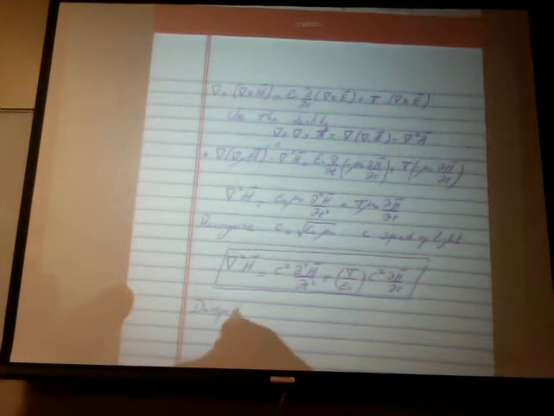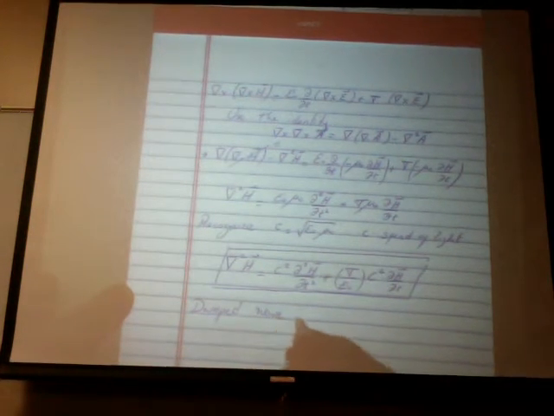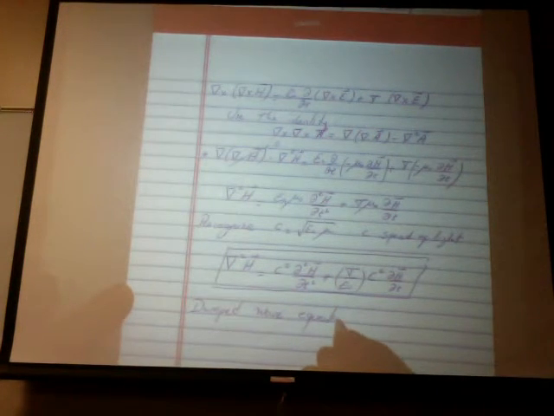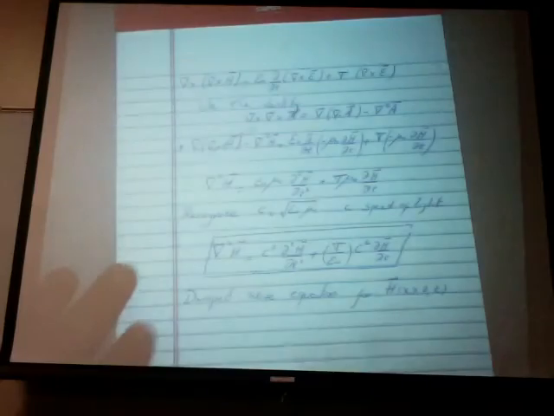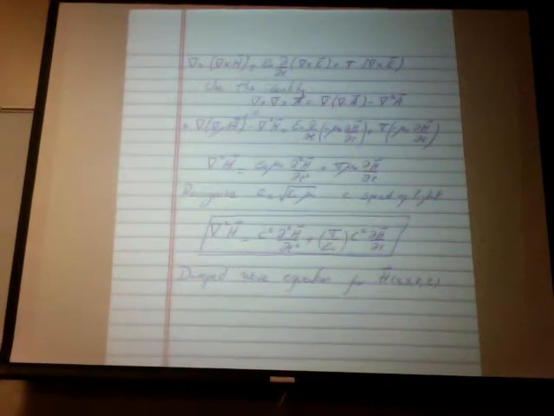Damped wave equation for H. Remember, H is a function of x, y, z, and time. So it's a four-dimensional problem, in space and time, and the space operator is a Laplacian.